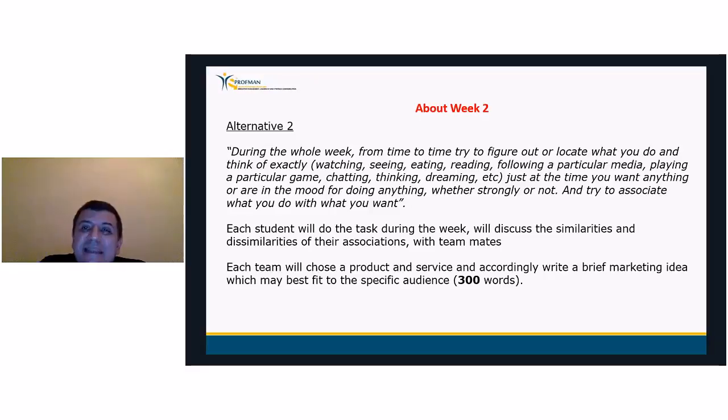And given these similarities they talked about, you will figure out what products or services to market to a specific audience and with what type of marketing idea. Each team will choose a product or service and accordingly write a brief marketing idea which may best fit the specific audience. Keep this alternative 2 in mind.